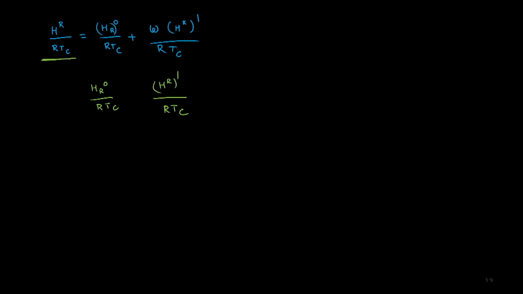If you're interested in HR, we just need to multiply it by RTC. Similarly, for SR over R, it will be SR naught over R. Again, you will find a table for SR naught over R, and then another table for SR1 over R. Multiply it with omega, add them to get the value of SR over R. Once we have SR over R, we can calculate SR, right?